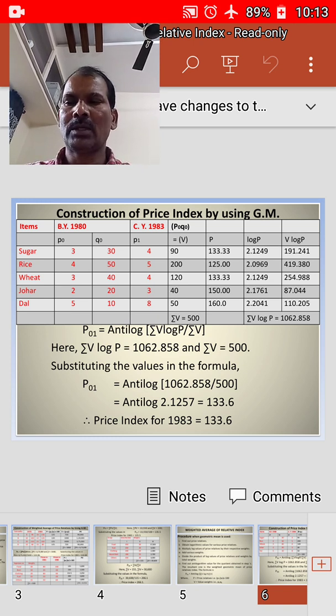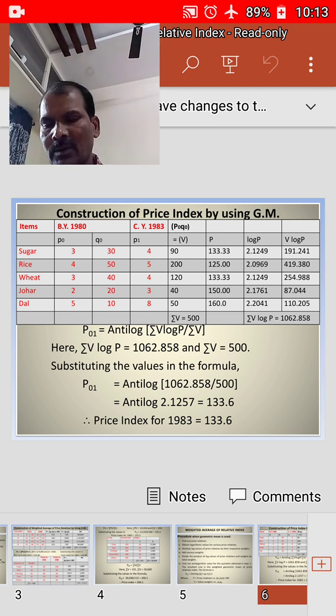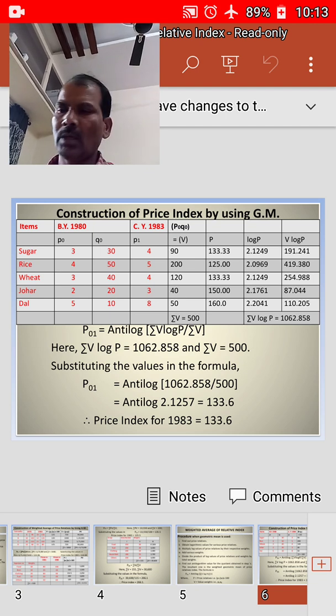Now, we got V, and we need to calculate the price relatives. As we know, the formula for price relatives is P1 by P0 into 100.